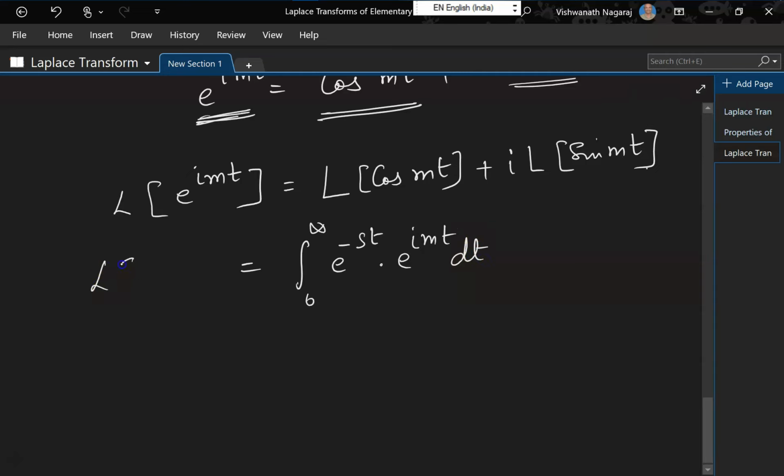So now we are writing this in integral form.